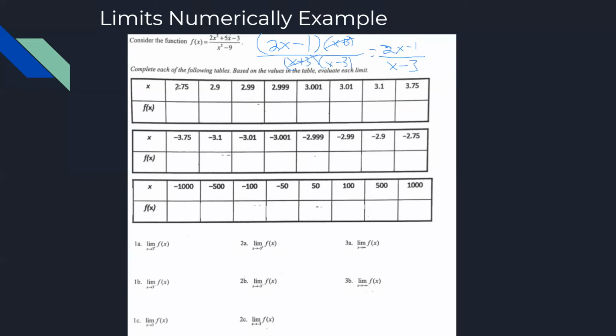So now what we want to do is fill in each of these tables because they're going to help us find certain limits. We're just going to plug in 2.75 into this. I'm just going to use a calculator and read out what's going on. I hope you guys can see this.